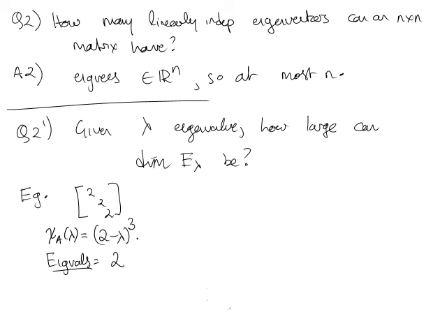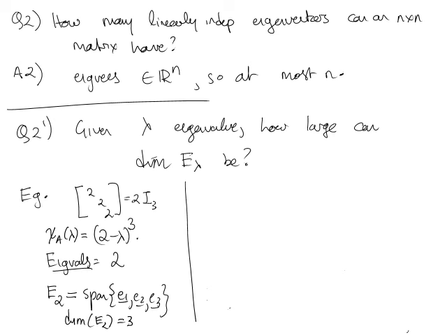And if you do the computation, you'll see that the eigenspace corresponding to the eigenvalue 2 is actually just going to be, in this case, the span of the 3 basis vectors, in other words, all of R3. And that makes sense because this linear transformation is just twice times the identity in 3 dimensions. So any vector that you apply it to, it's just going to scale it by 2. Okay, so in this case, the dimension of the eigenspace was 3.